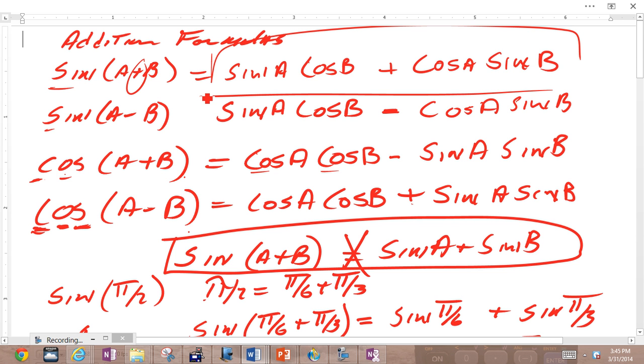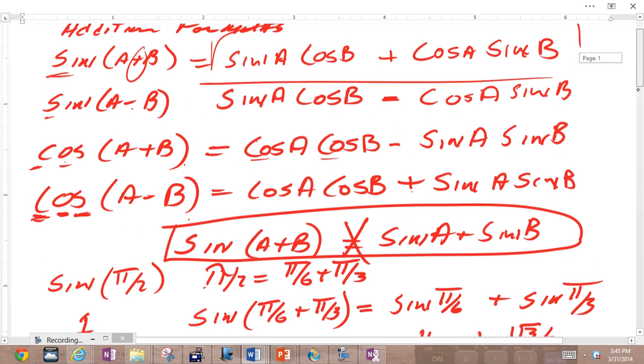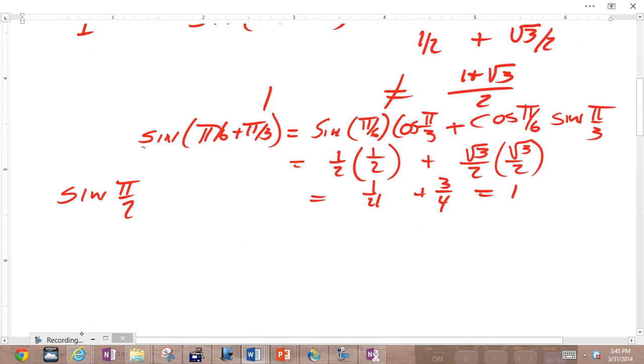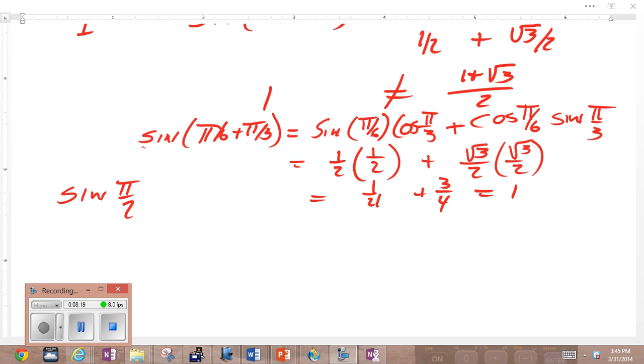The ones you're going to have to remember the most are the sine ones, which mix it up: sine, cosine, plus cosine, sine; sine, cosine, minus cosine, sine. So those are the identities, and we'll have another video to illustrate some examples of where we're going to use those, and of course those identities will also be featured in the PowerPoint slides. Okay, so that's it for this video.